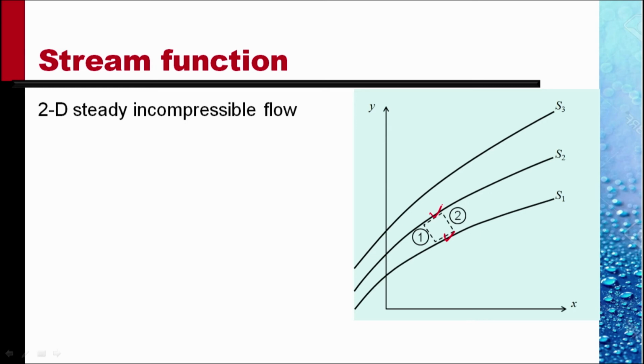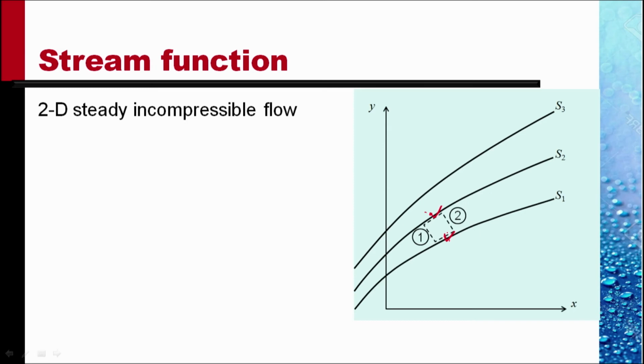So there is no component of velocity across these two surfaces. If the flow is steady and incompressible, there is no accumulation of mass within the control volume, and so the mass entering at 1 should be equal to the mass leaving at 2.